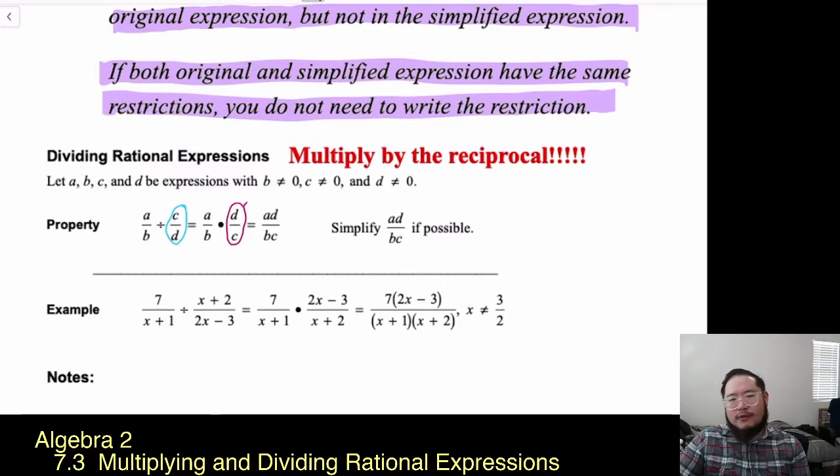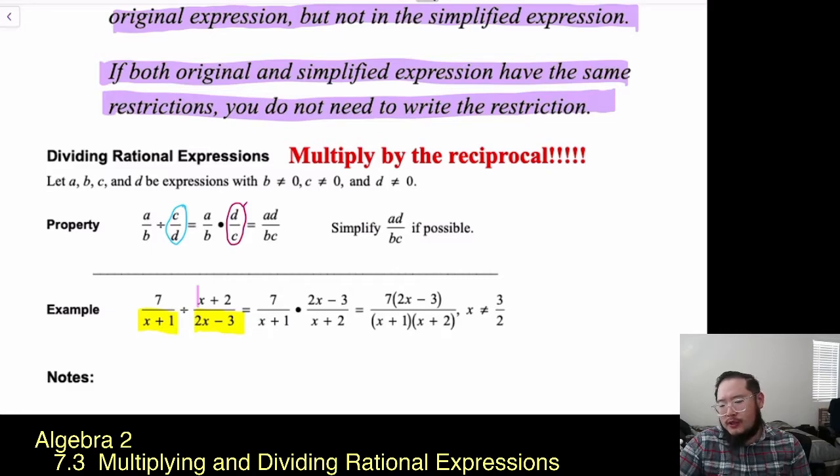Now, a few things to keep in mind when it comes to the restrictions, okay? So we have 7 over x plus 1 divided by x plus 2 over 2x minus 3. In the original, the restrictions that I'll have are the x plus 1, the 2x minus 3, and then we also need to include this x plus 2.